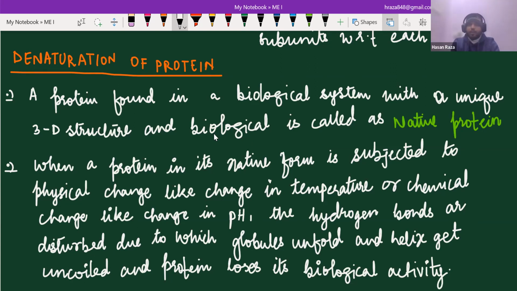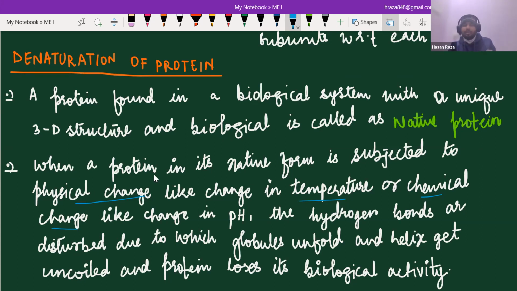So everyone, it's very easy, as you can see. What is denaturation of protein? Whenever you make a physical change, like increasing or decreasing the temperature, or a chemical change, like changing the pH or anything else, the hydrogen bonds present in the protein will be disturbed, due to which the folded globules will be unfolded or uncoiled.